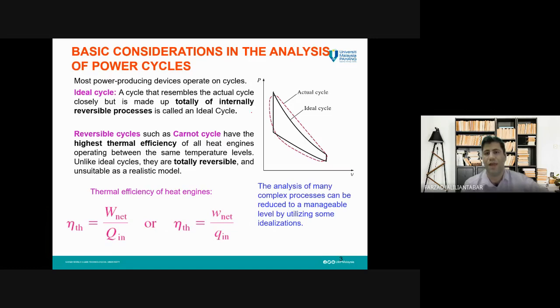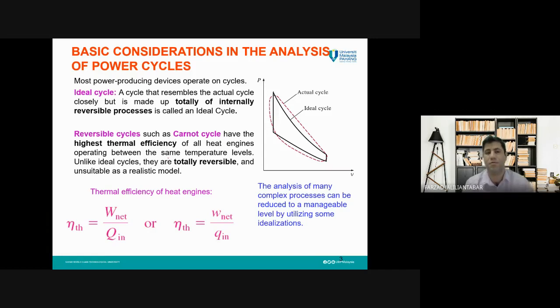I told you about the actual and ideal cycles, and that an ideal cycle resembles the actual cycle, but we have some assumptions to make the cycle easier to illustrate, easier to understand, and easier to evaluate.